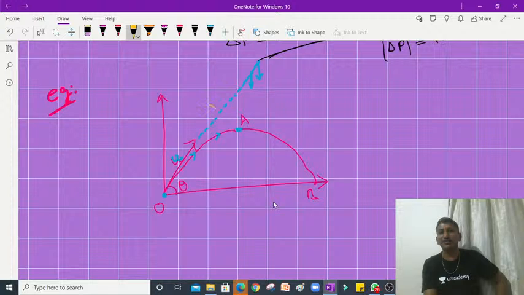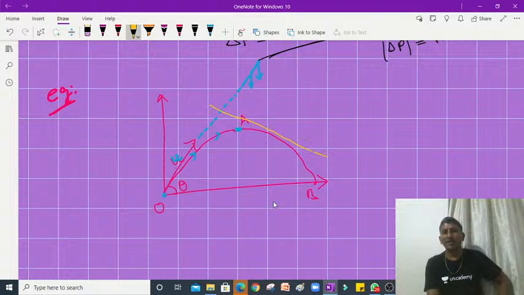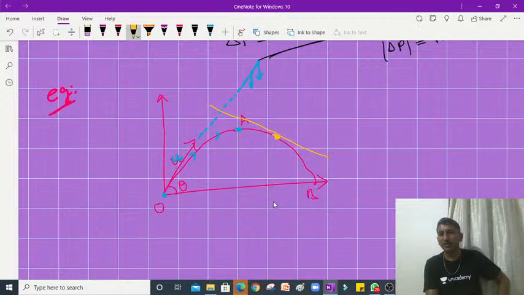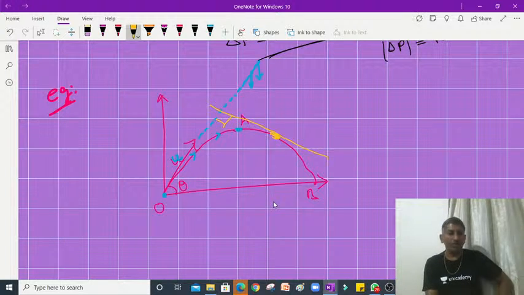Perpendicular means like this it should be, no? So this is the meeting point. For visualization it may not look exact, but you have to take this as the meeting point of these two. So here it is perpendicular.